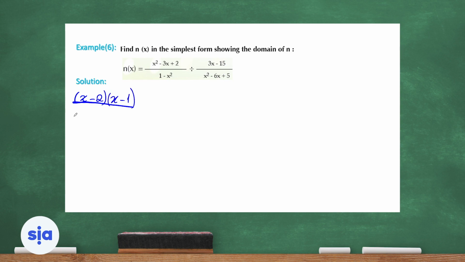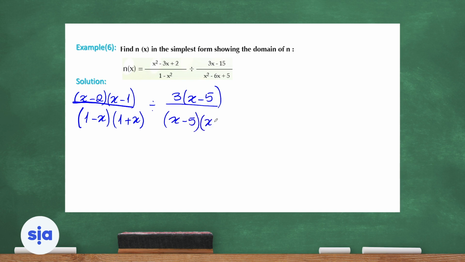Excellent. Yes, as you said, difference of two squares, 1 minus x and 1 plus x, divided by, we take 3 as a common factor, and here the two brackets are x minus 5 and x minus 1.